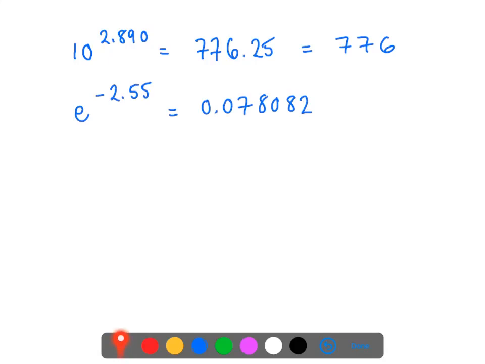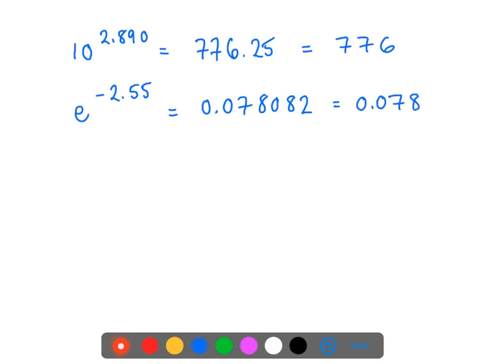Now, again, there are 2 sig figs to the right of the decimal place, and so our anti-natural logarithm, our final result, would be 0.078. So 2 sig figs to the right of the decimal place, 2 sig figs in our final result.